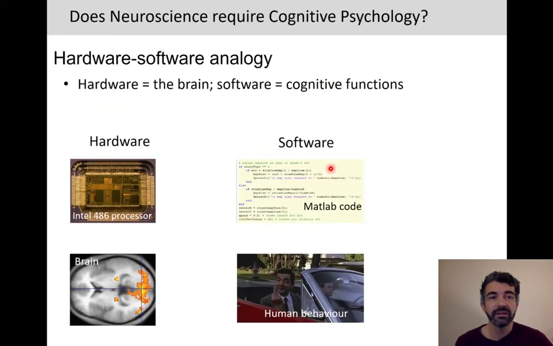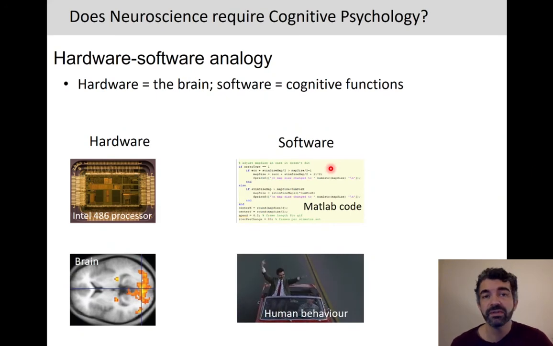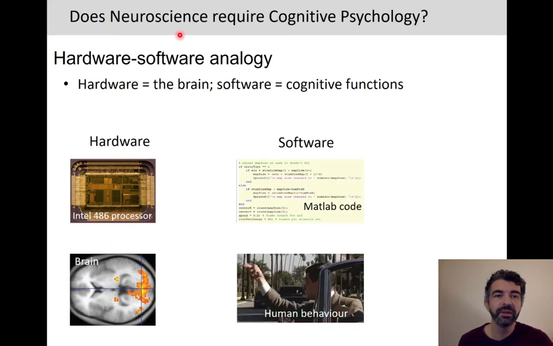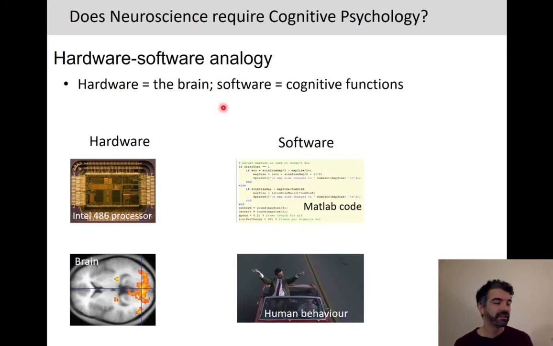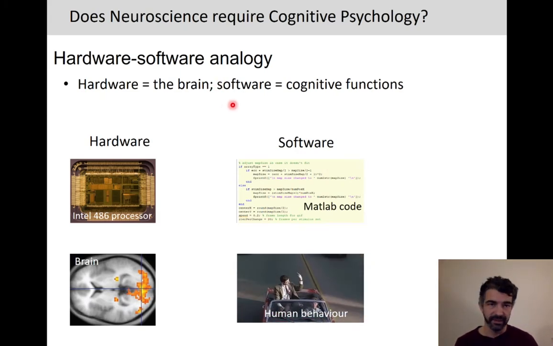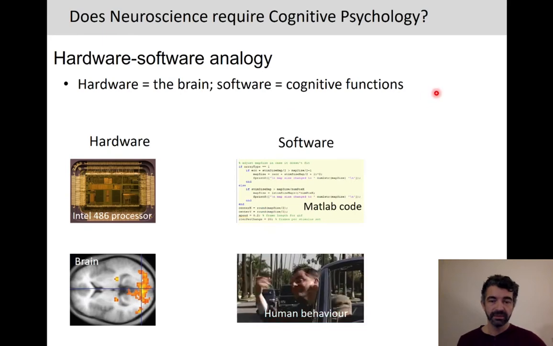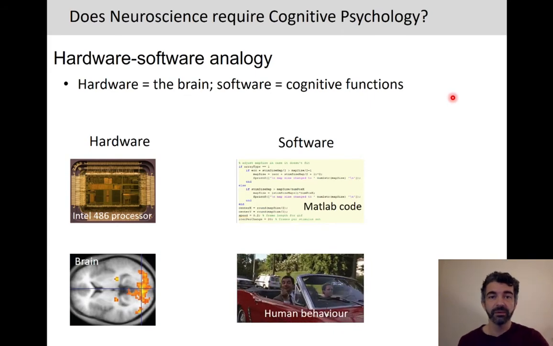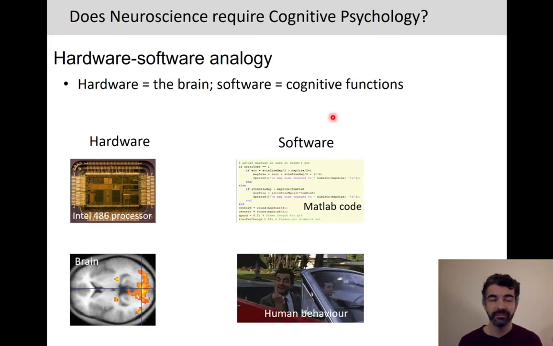Another question you could ask is, does neuroscience require cognitive psychology? Here it does make sense to look at the hardware-software analogy. According to that analogy, the hardware is the brain and the software are cognitive functions.